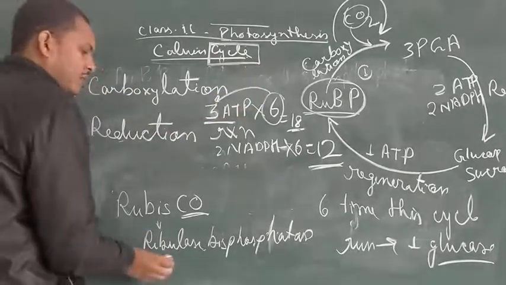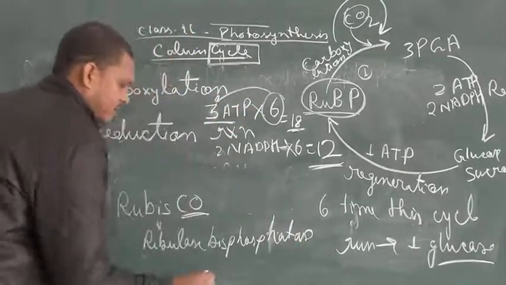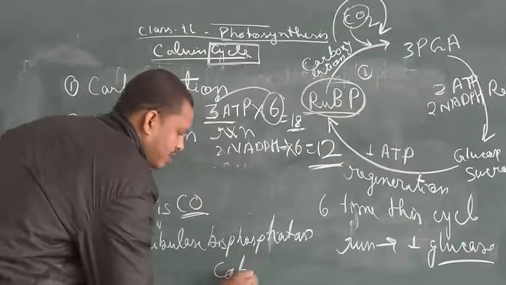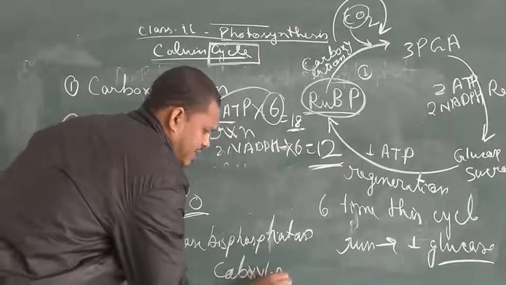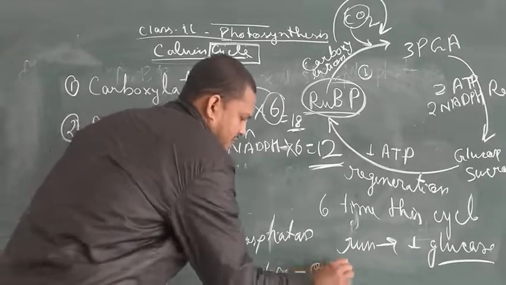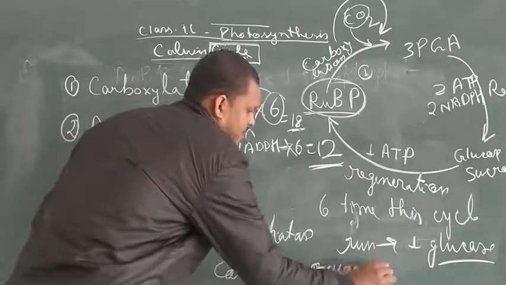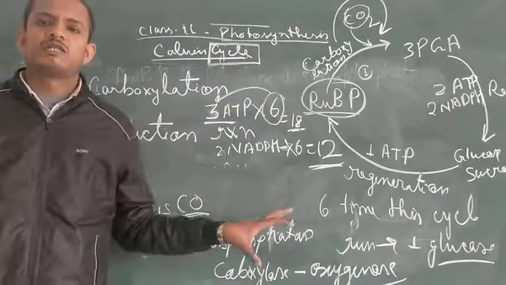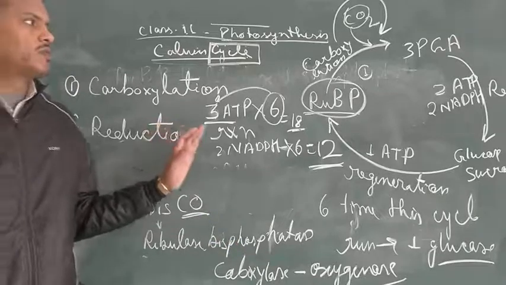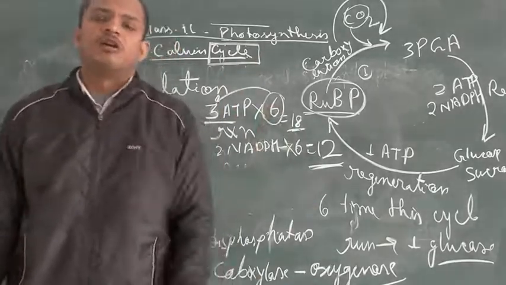So ribulose bisphosphate carboxylase oxygenase. This is the enzyme which helps Rubisco to accept carbon dioxide.